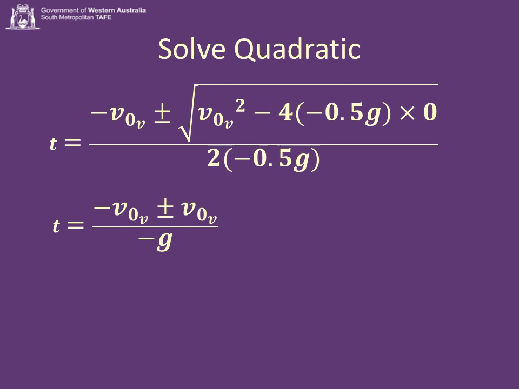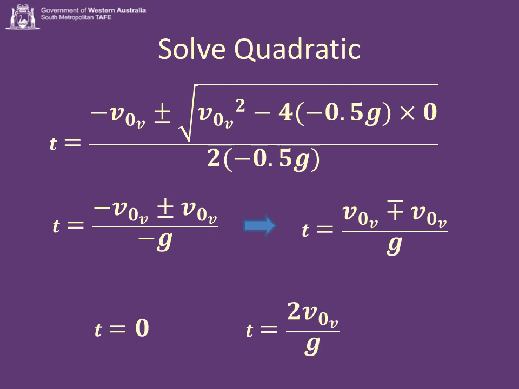I'll get rid of all those minuses, and I end up with the time that the shell is in the air is V0V plus or minus V0V all over g, which is at time 0, just before we fired it, and 2 V0V over g. That's the equation for the time the shell is in the air.